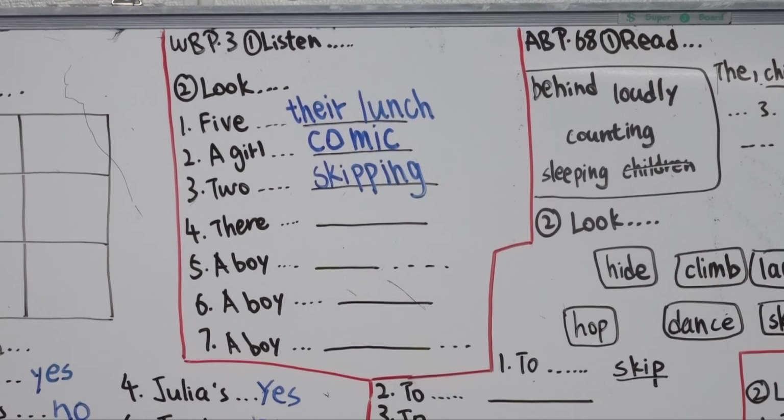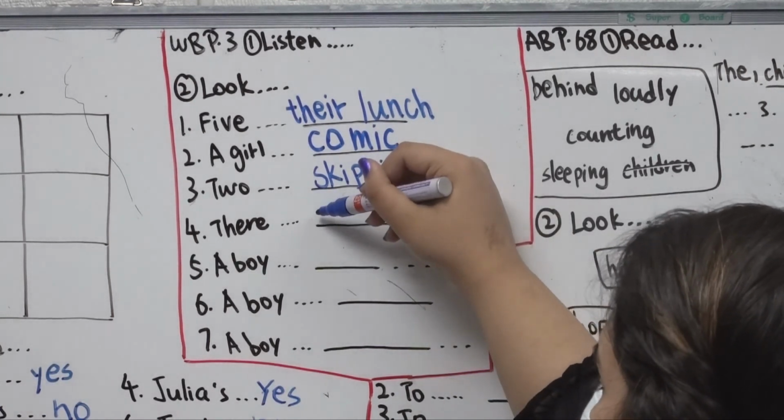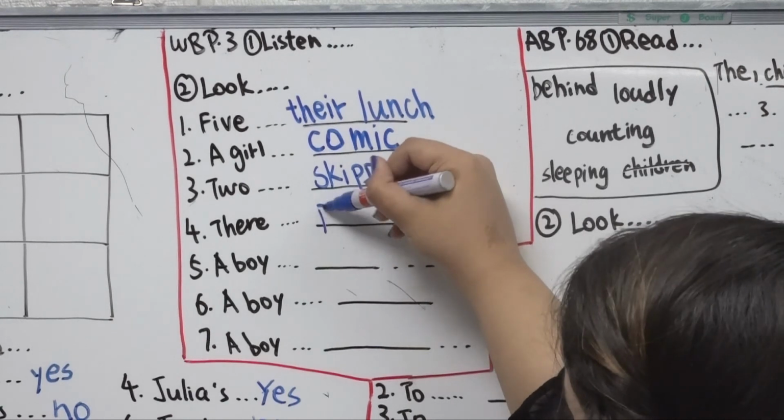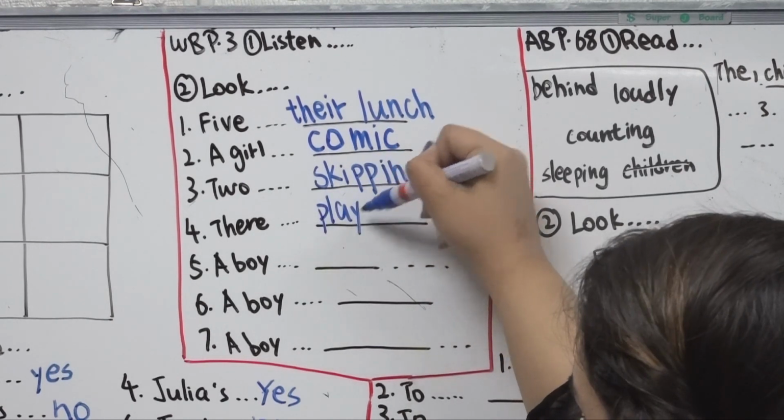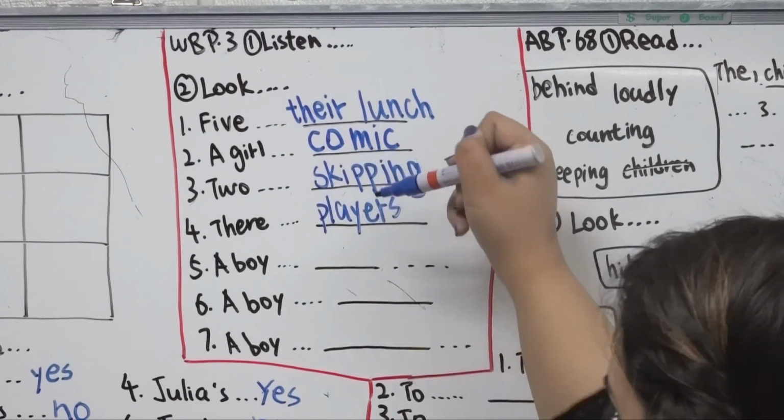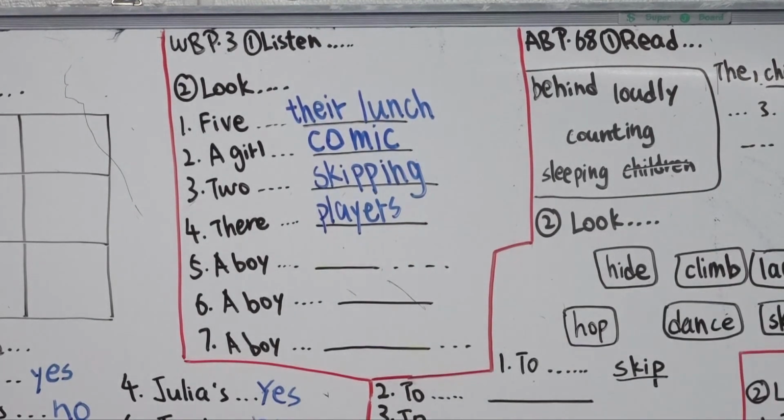All right, 4. There are 5 football players. Player is spelled as P-L-A-Y-E-R-S.